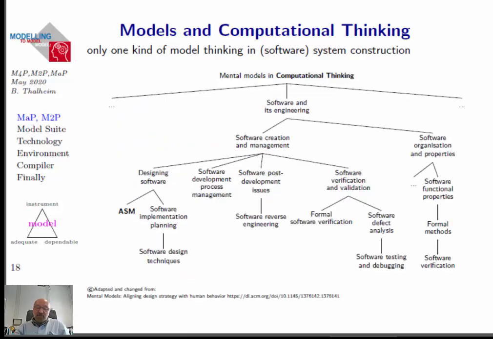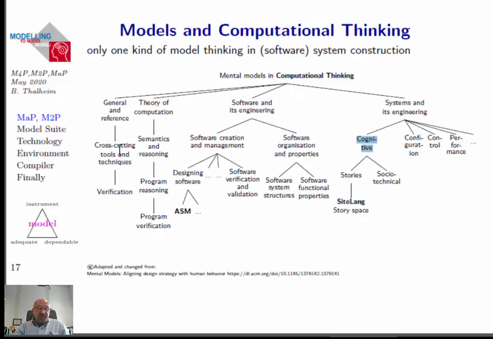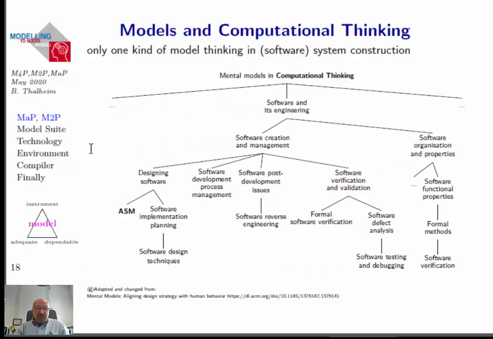If we go further from what we have been learning about the general setting towards the software and its engineering, then of course we have software creation and software management, designing software based on some kind of abstract state machine approach, or the software development process management, or the software post-development issues.